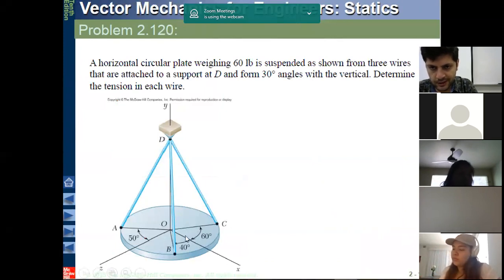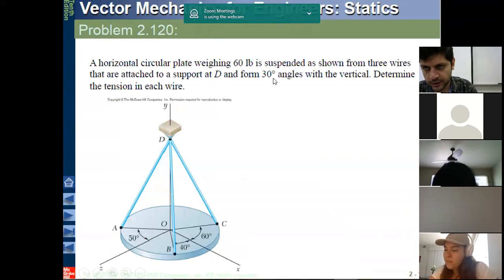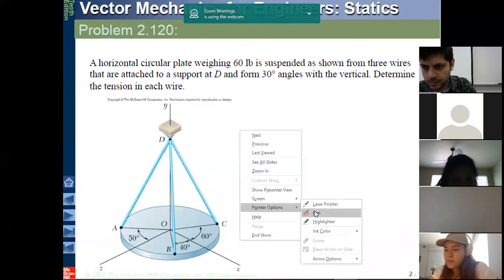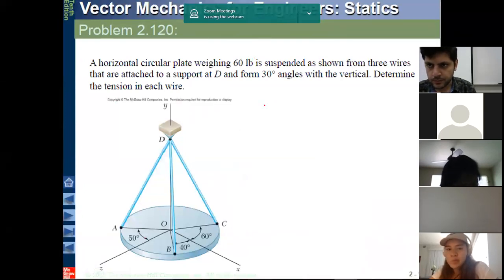So you have the angles between the attached points on the disk and the axis, and also you know that you have 30-degree angles with the vertical, and you have this for the other cable.